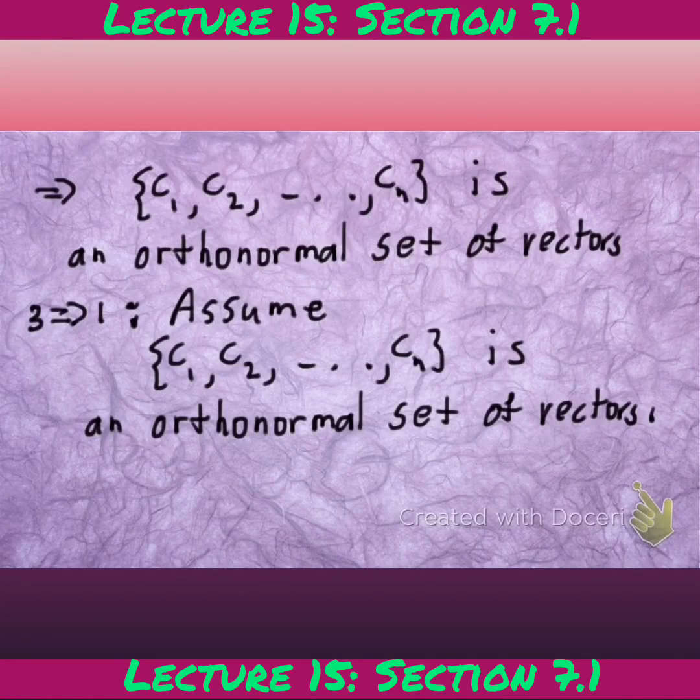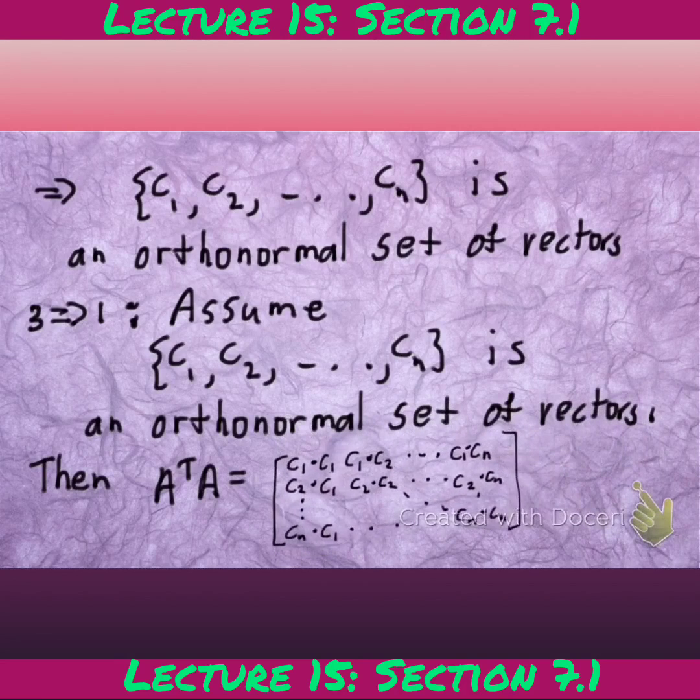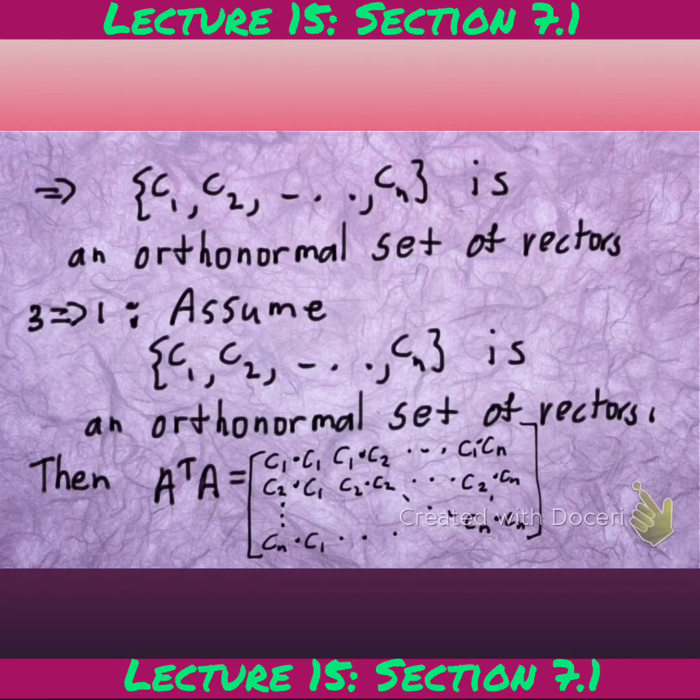Right, so you can also go and show that 3 implies 1. So assuming that the column vectors of A form an orthonormal set of vectors, then that's going to imply that if you take A's transpose with A, which is this matrix here that we calculated, remember now, the C's form an orthonormal set.